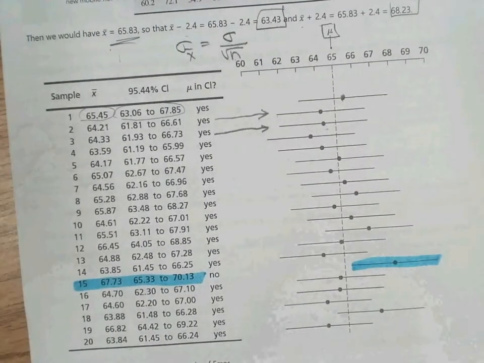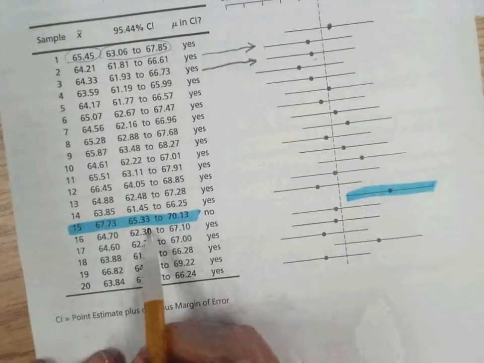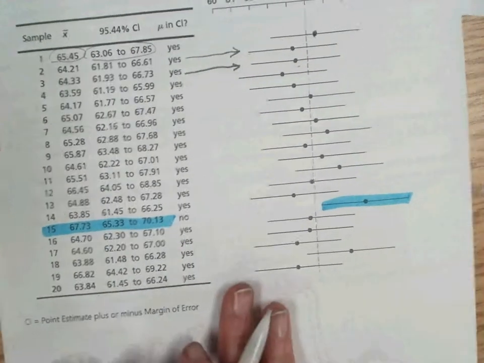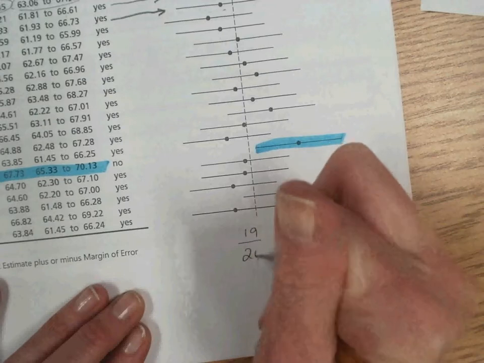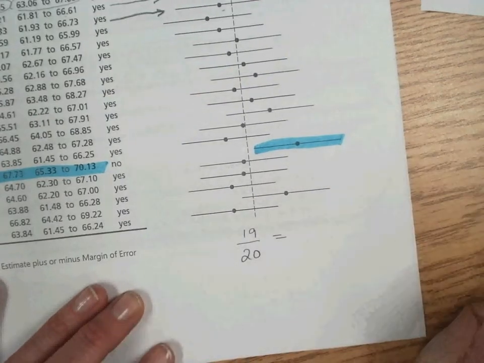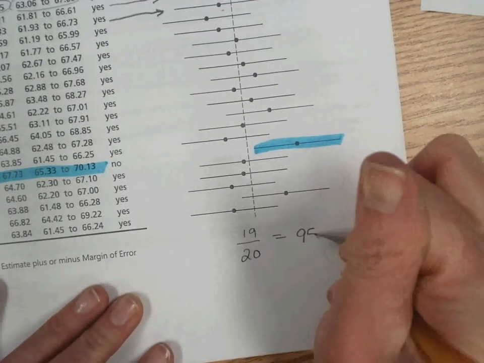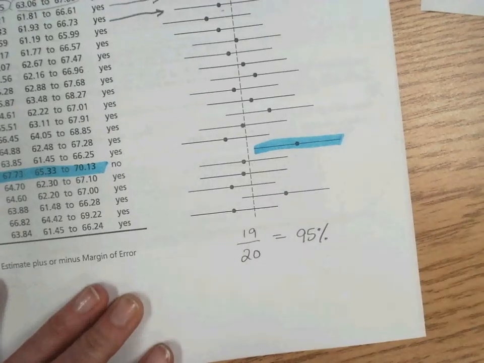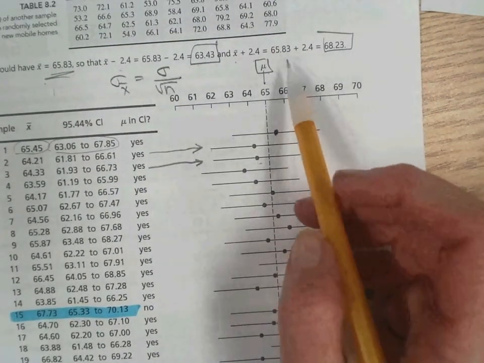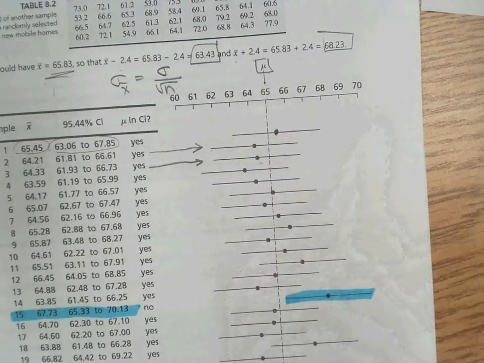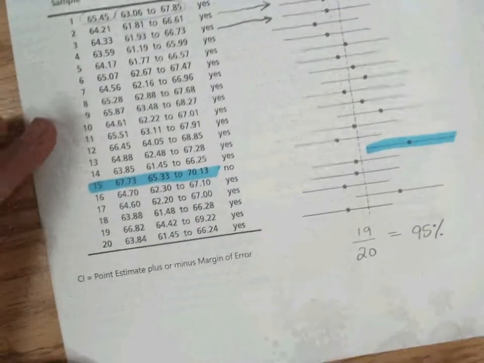And you can see that the mean does not fall within that range. And so 19 out of 20 contain the population mean, which is actually 95%, which is exactly what we should get when we do 2 standard deviations from the mean.